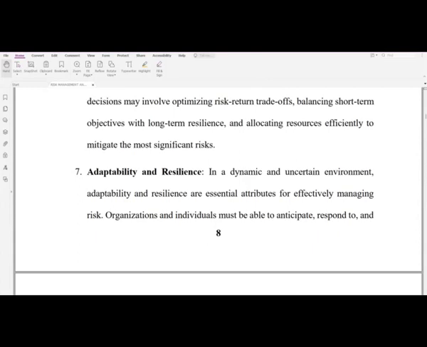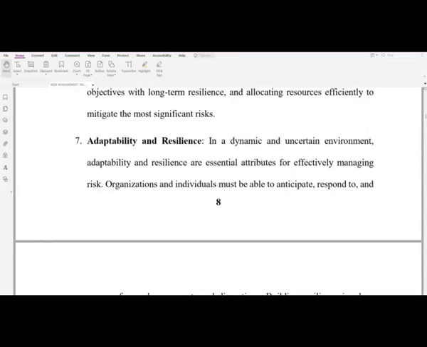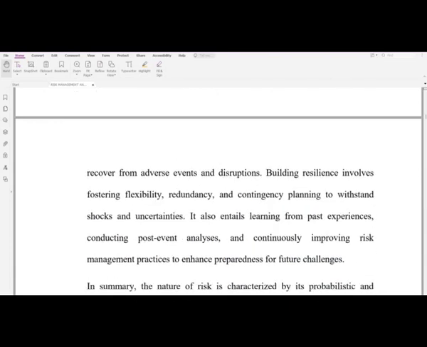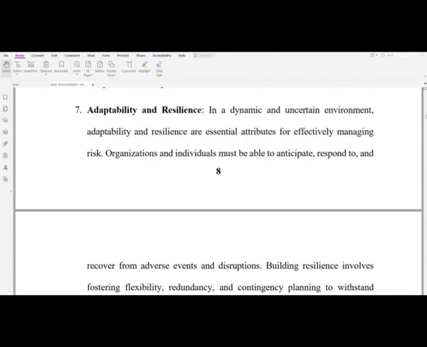Adaptability and resilience. In a dynamic and uncertain environment, adaptability and resilience are essential attributes for effectively managing risk. Organizations and individuals must be able to anticipate, respond to, and recover from adverse events and disruptions. This simply means should any event or uncertainty crop up, you should be proactive about it.